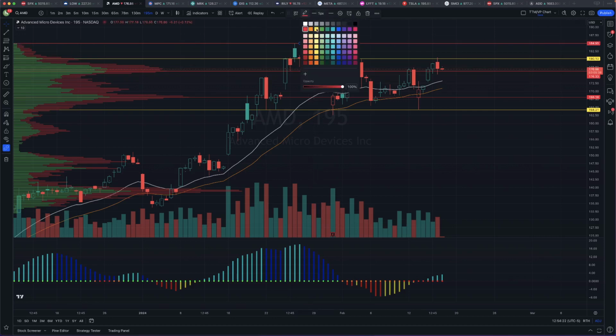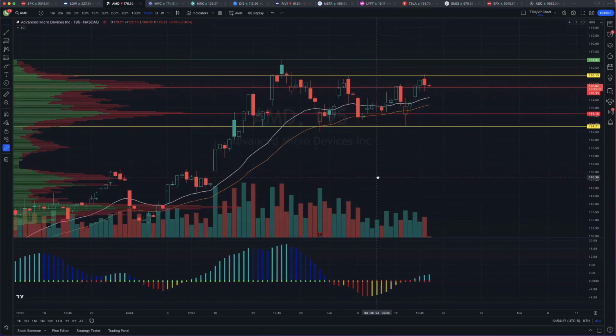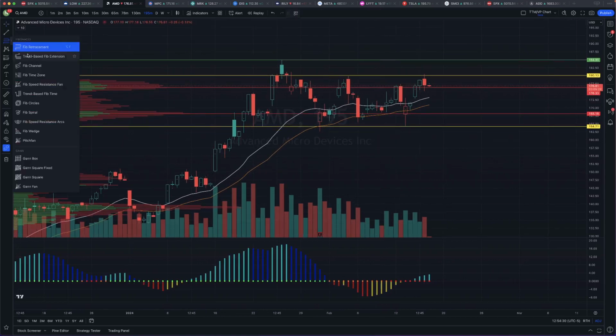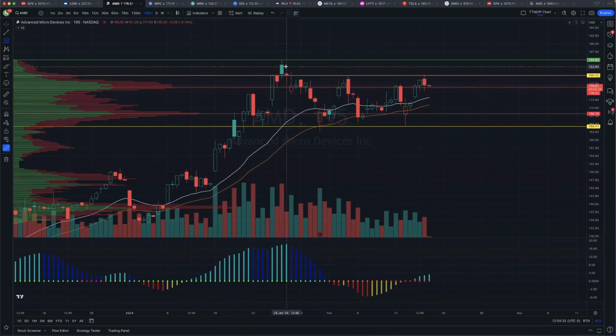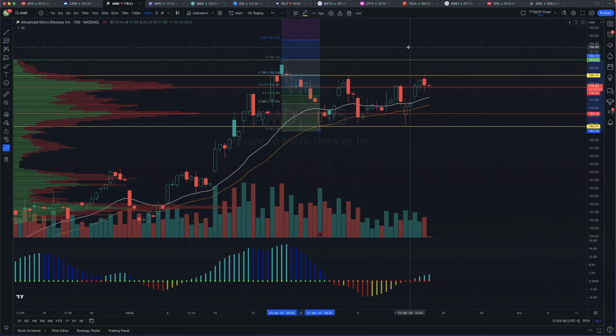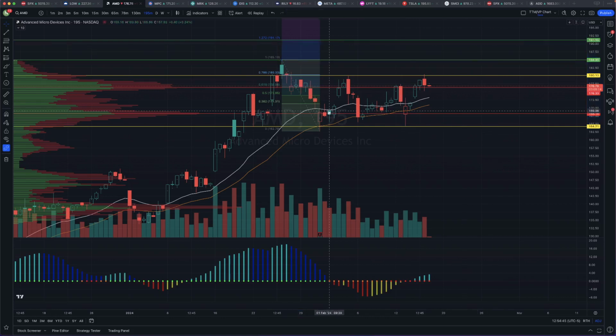That's going to be target number 1. I'm going to mark that with a green line at 184.95. And then I'm going to do my fib retracement from the high to this spike low here. And then I'm going to put another green line at the 1.272 extension for a possible target number 2.